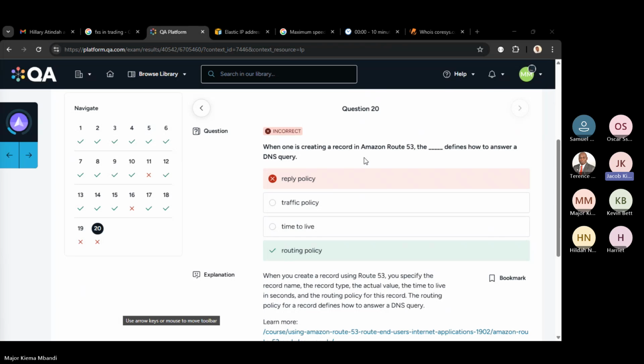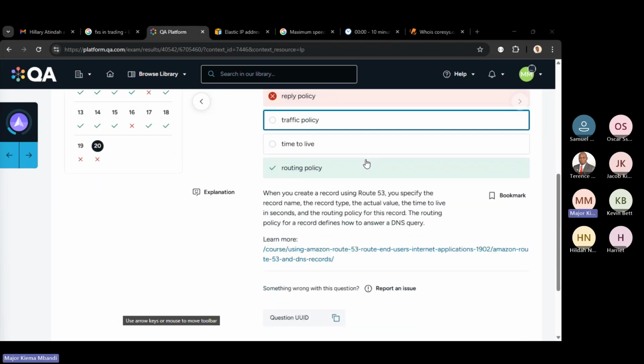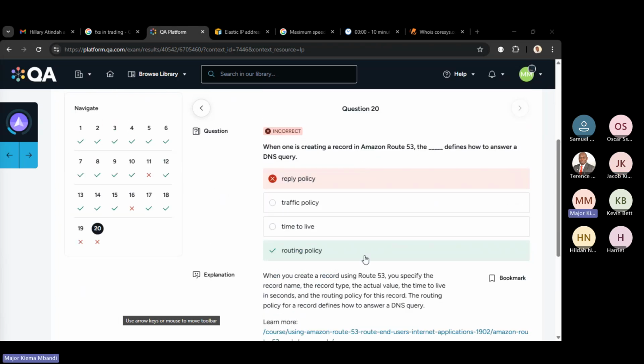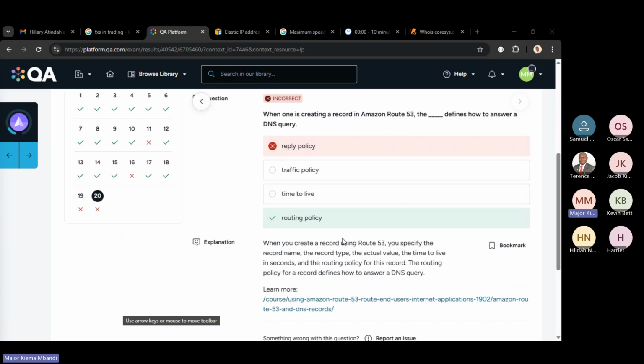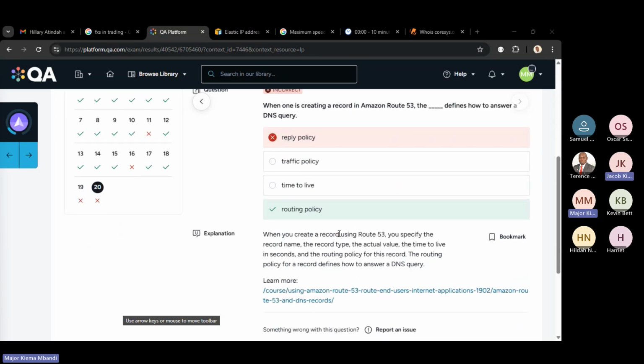Yeah, so for me, regarding what I've seen here, in this question, you should go and read more about Route 53, CloudFront, and Global Accelerator. In this networking part, normally people take it for granted, but it's good to have a good foundation on it. It can come in handy because you'll not miss those questions.